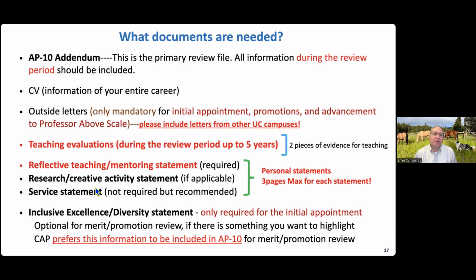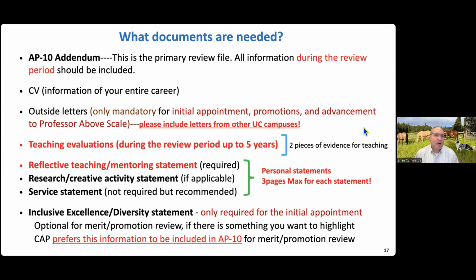If you are doing something truly remarkable or different that doesn't fit in one of those categories, you can optionally include a separate inclusive excellence diversity statement, but it is not required. As it says at the bottom here, CAP prefers to see that included in the AP10 and in your research or reflective teaching statements.